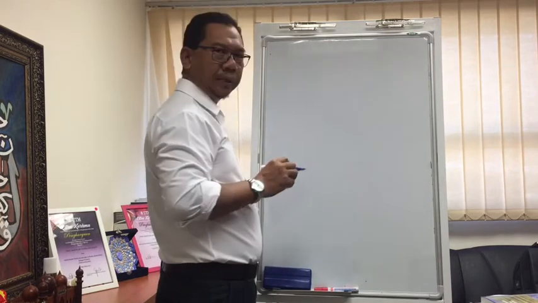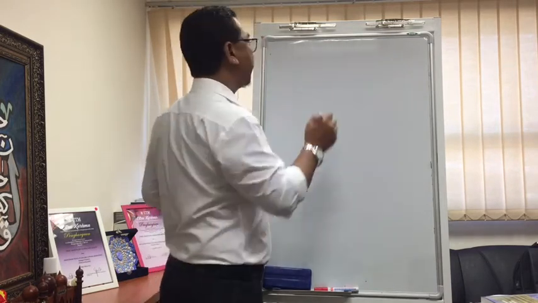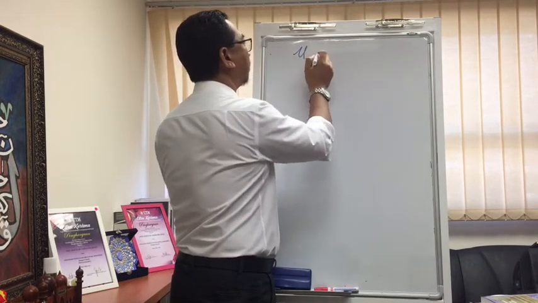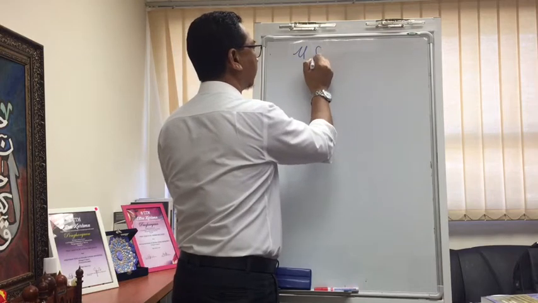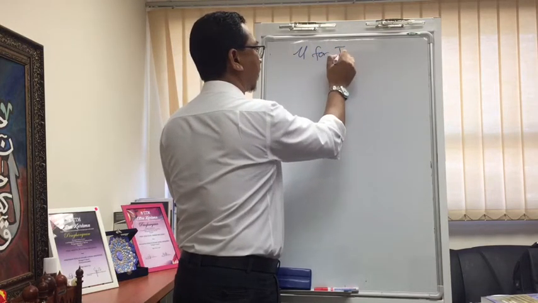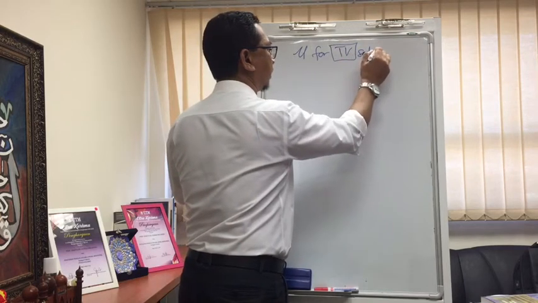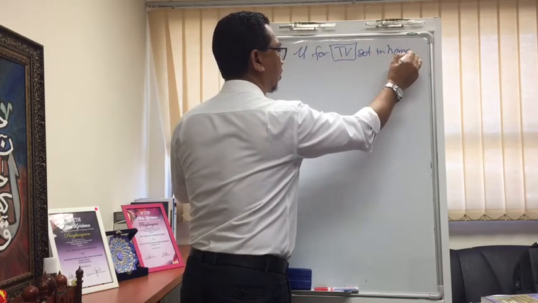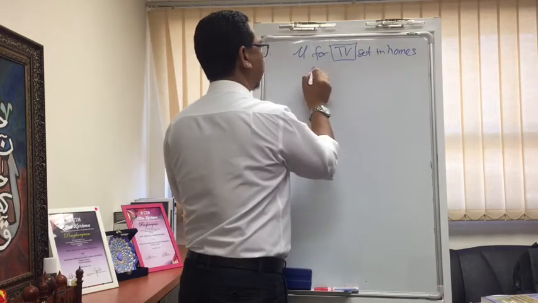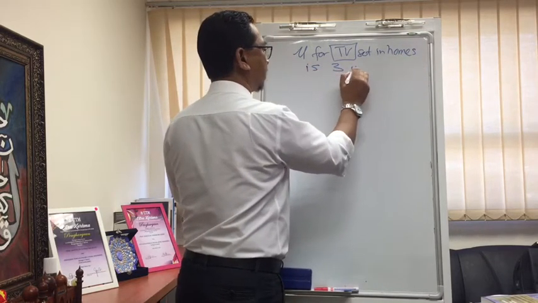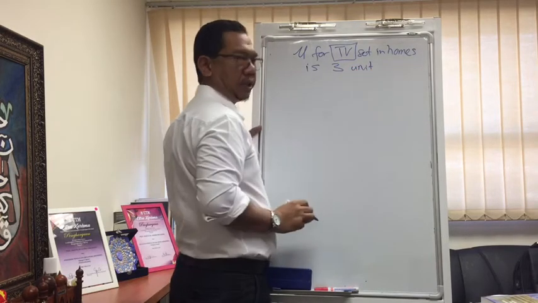Let's say there is a claim from government officers saying that the mean for TV sets in homes, for example, is 3 units.